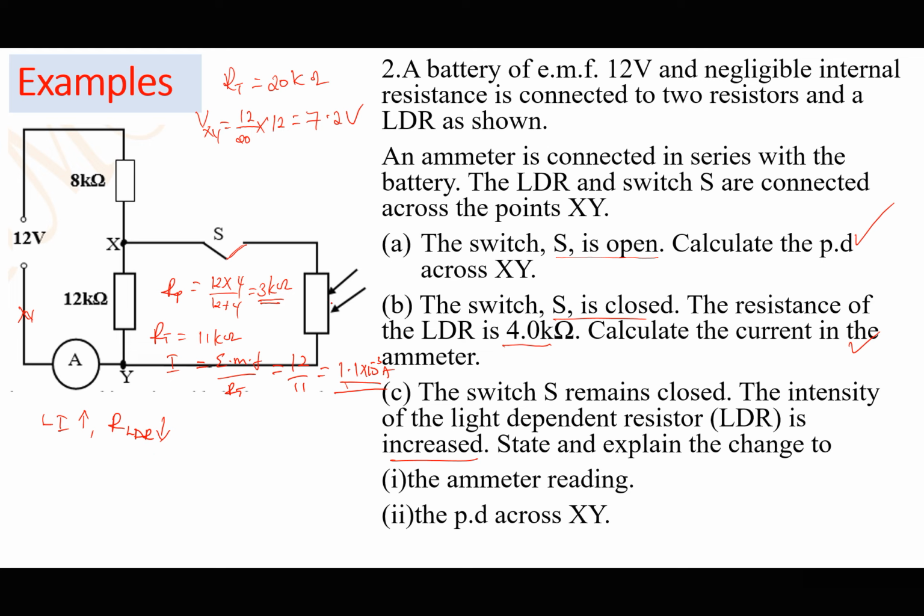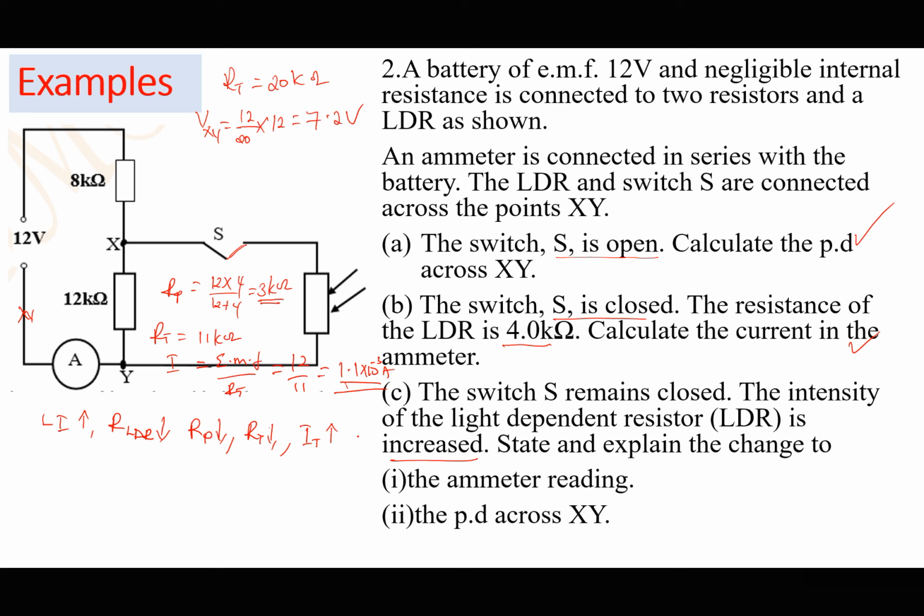If the resistance of the LDR becomes smaller, it also means the resistance in parallel decreases, which also means total resistance in the circuit decreases. If the total resistance decreases, remember total current is EMF over total resistance, so total current increases. So the ammeter reading is going to increase.